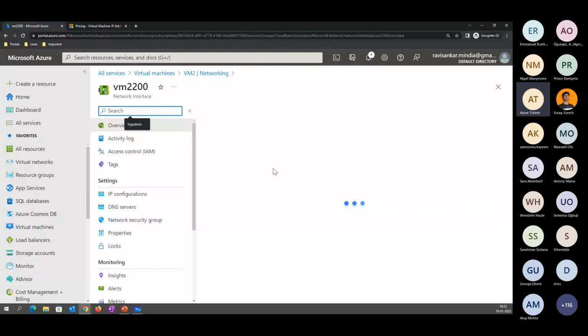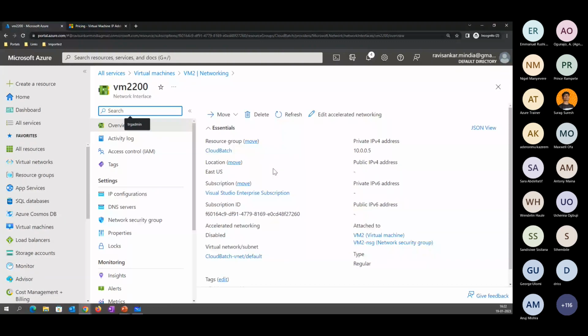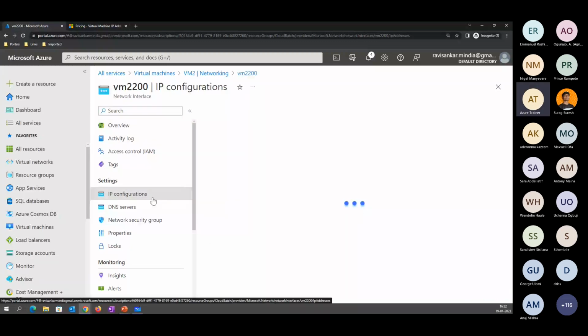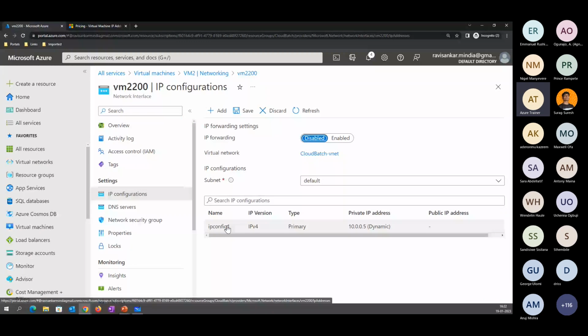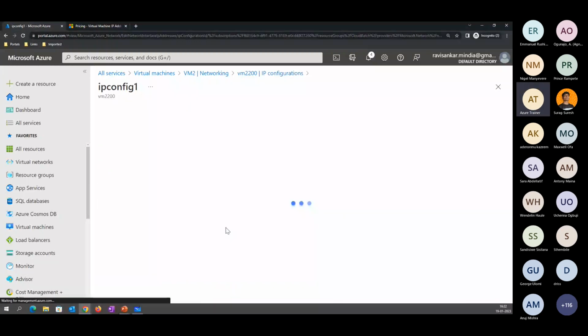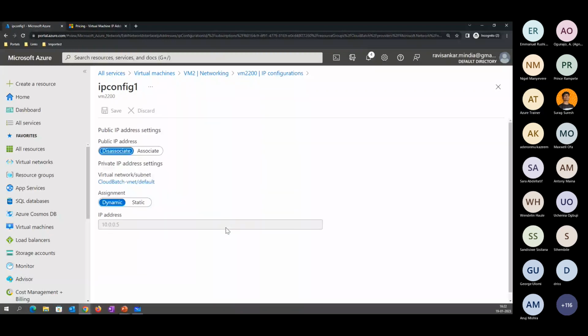If you click on the network interface card, you can click on the IP configuration. In the bottom one, you will have something called IP config. Click on that. This will take you to a point where you can associate or disassociate.